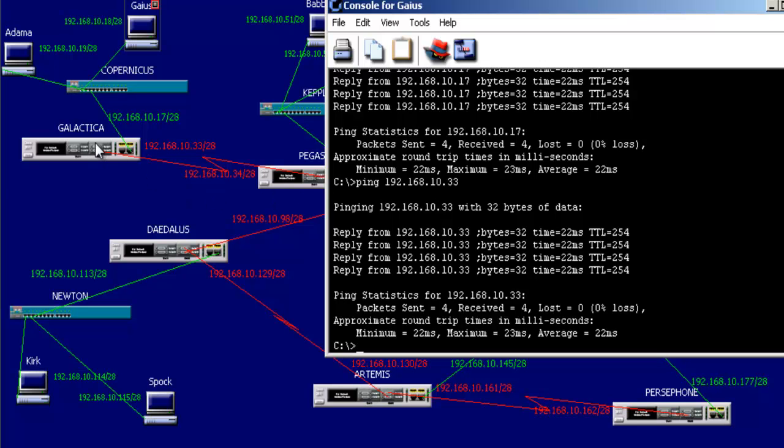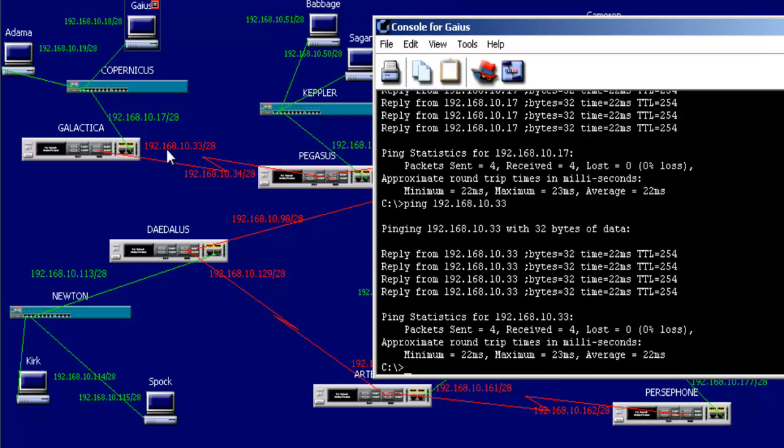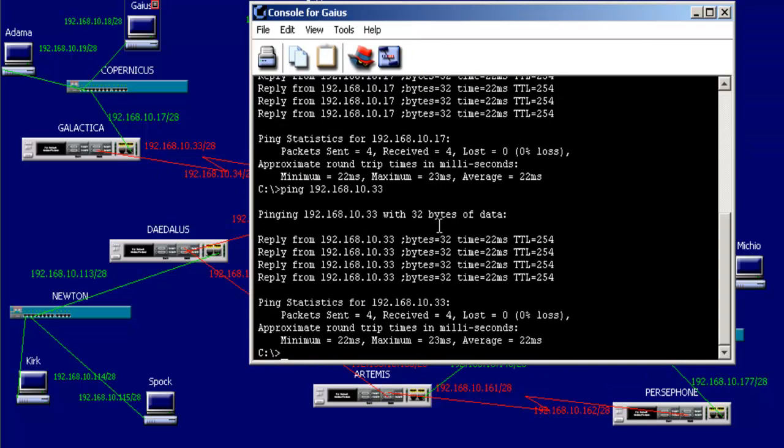And it's not just the entries in the Galactica, but this next ping from here on out is going to involve at least 2 routers, if not more. That was all just involving 1 router, but think about it. It's not just that the Galactica has to know where to send the packets to get them to the Pegasus, to the next network, but the Pegasus also has to know how to send the packets back, the echo replies, in the direction of network 16. If I had bad entries in either one of these routers, then I'm not going to get echo replies using the ICMP ping command. So let's keep going from there.